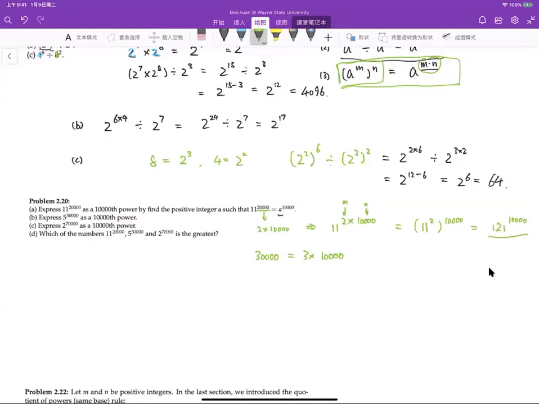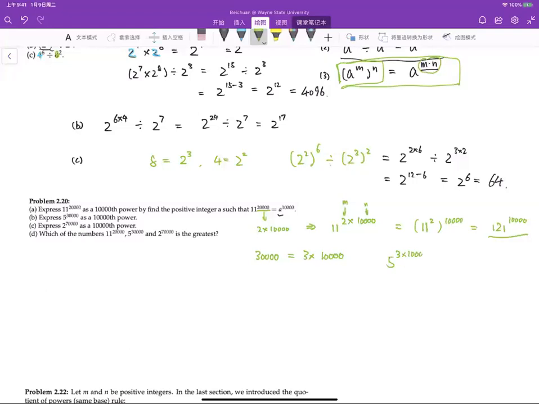So anyone want to answer the question? Can Andrew do it? Okay, Andrew, go ahead. Okay, so 30,000 equals 3 times 10,000. So you take the original number, which is 5, and then you have to cube it because you have to convert that into a power of 10,000.